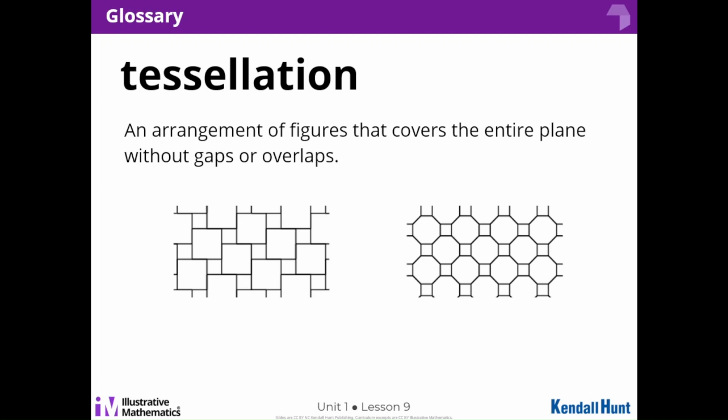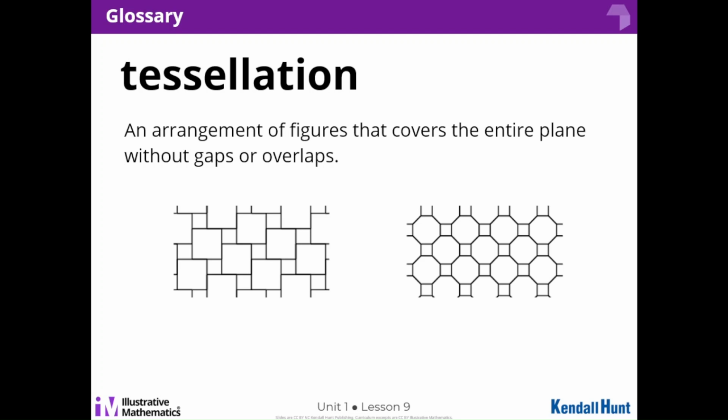So on the left, we have a smaller square and a bigger square, and they're arranged in a pattern where it doesn't leave any gaps or overlaps. And then on the right side, we have small squares and we have octagons, and they're arranged in a way that doesn't leave any gaps and doesn't have any overlaps.